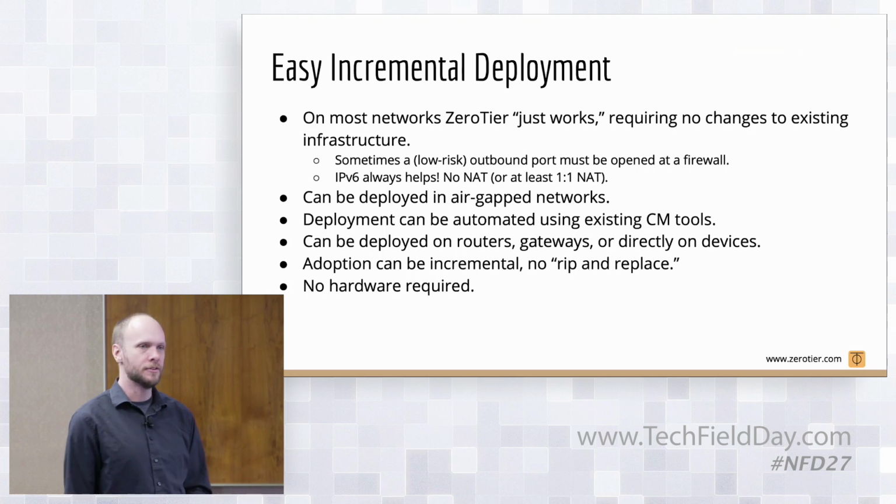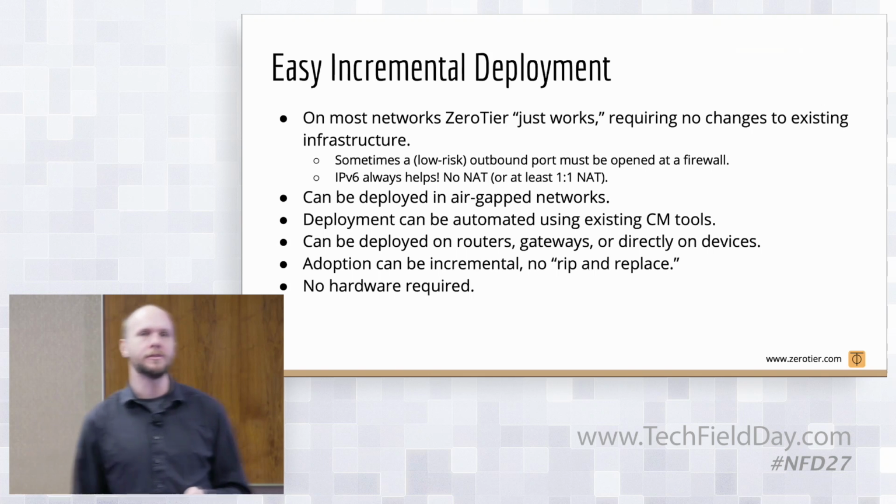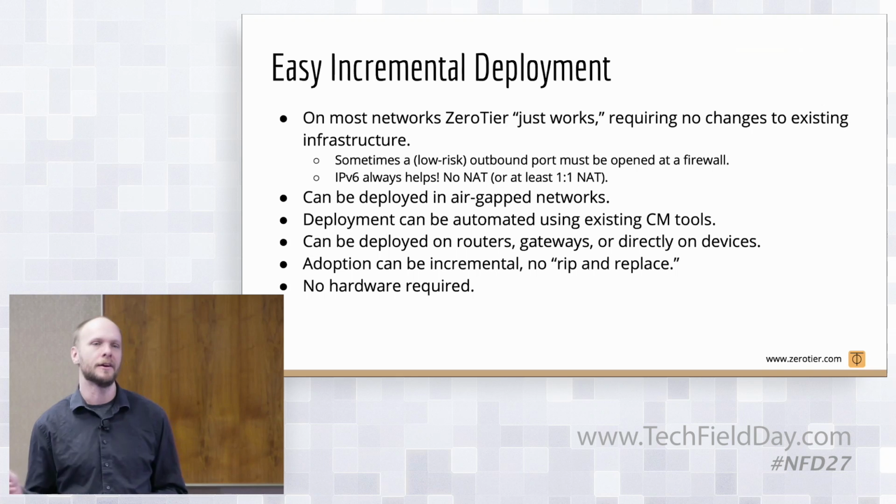On most networks, it just works. Sometimes you have to configure the firewall a little bit if your environment is really locked down. And it'll use IPv4, IPv6, any physical transport you have. It is possible to deploy the whole ZeroTier infrastructure in a private air-gapped network. That takes more work, but it can be done.